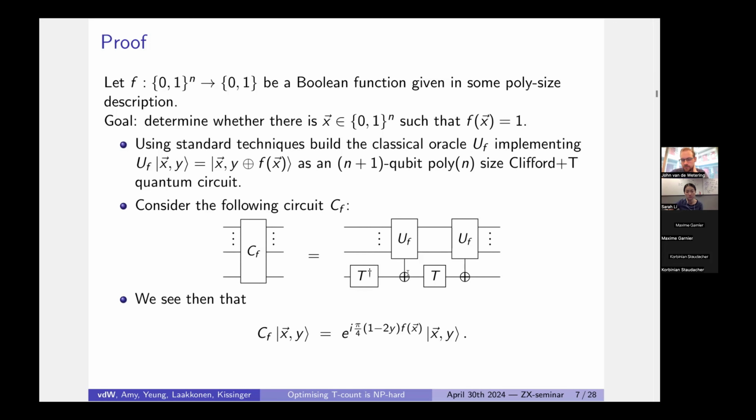It does not implement a NOT gate here. And then this T dagger and T gate cancel against each other, and we get an identity. And if it does fire, then this T flips to a T dagger because it's surrounded by NOTs, and then they combine. And then you can check that the whole thing is a diagonal circuit, and it implements the following.